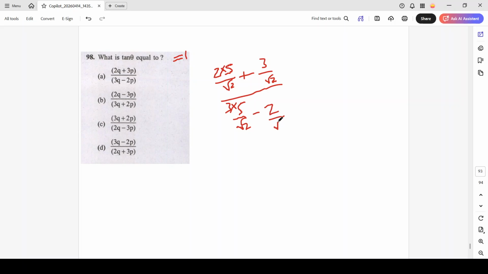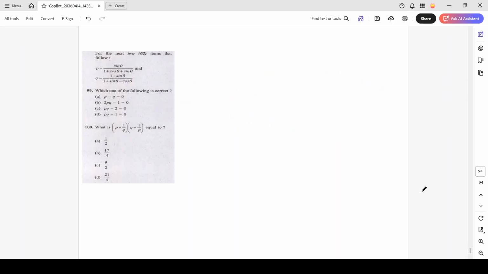So 10 plus 3, 13 by root 2. And this is 15 minus 2, 13 by root 2. And this cancels out this, and we are left with 1 as the answer. That means option A is correctly depicting the answer.